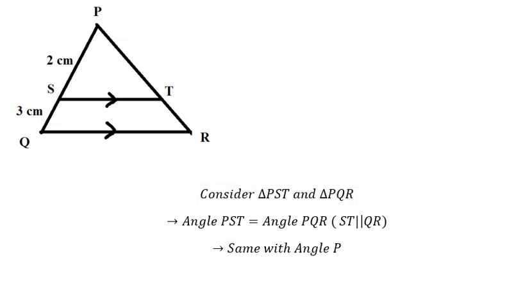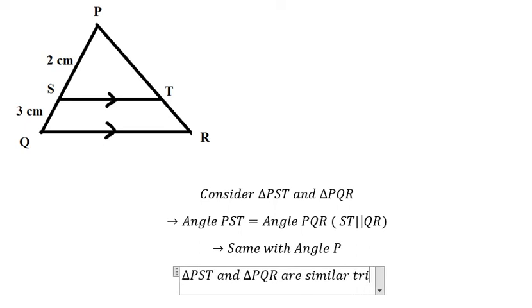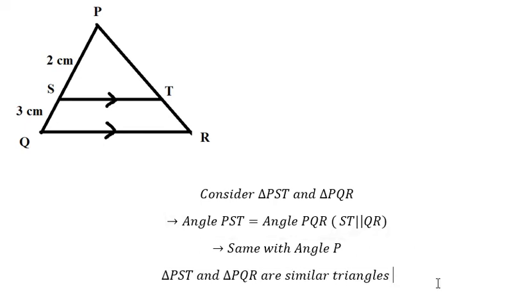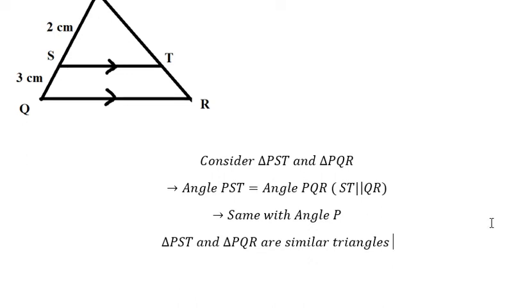So we can conclude that this triangle and this triangle are similar triangles. So that means we can create the ratios in here.